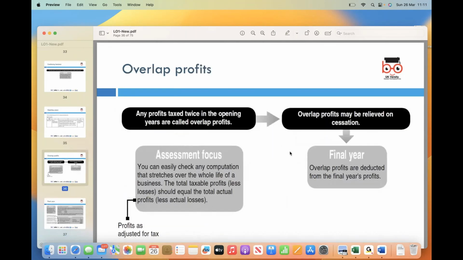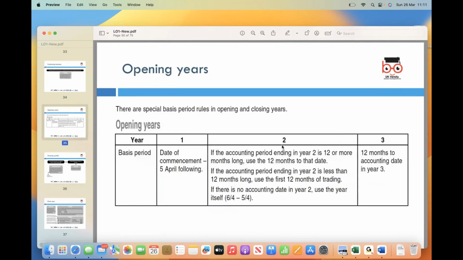If the financial accounting period ending in year 2 is 12 months or longer, then the basis period for the tax year will be that entire accounting period. If the financial accounting period ending in year 2 is less than 12 months long, then the basis period will be the first 12 months of trading.